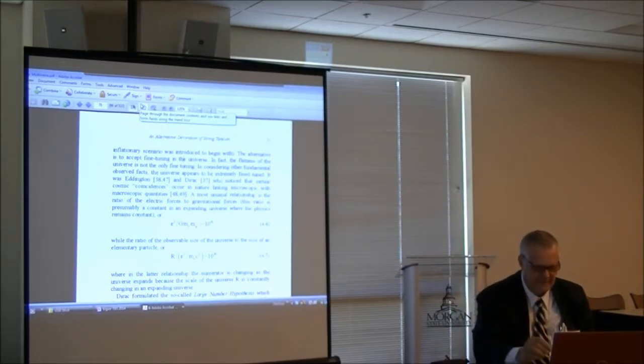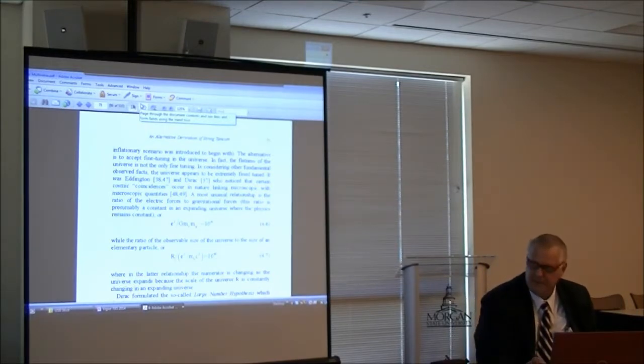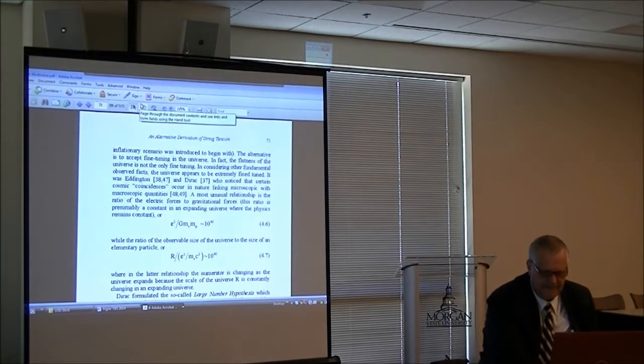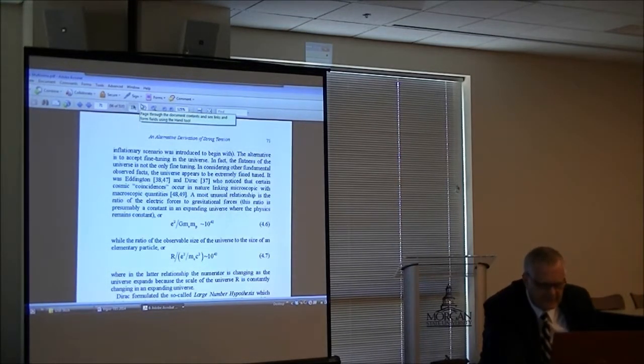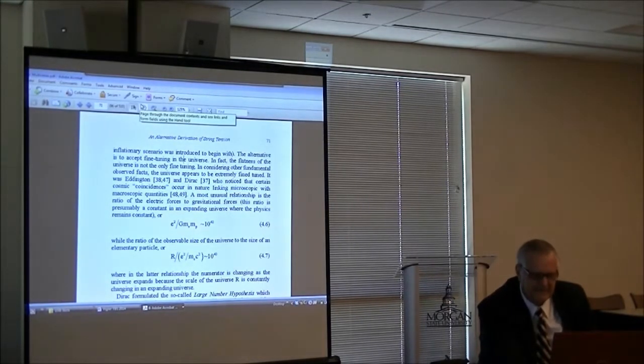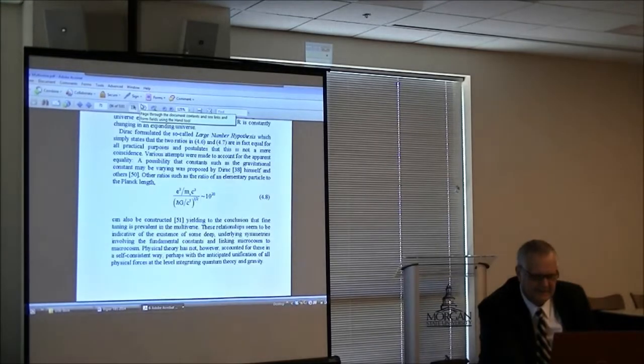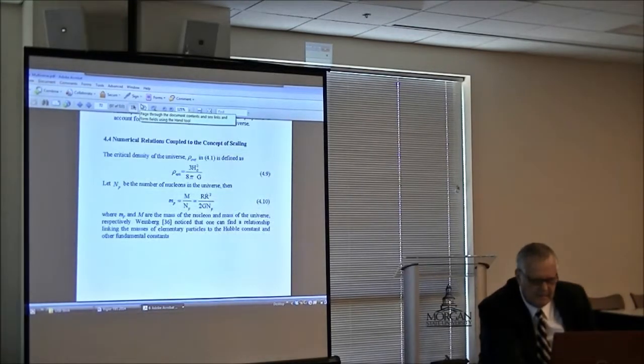This is also on your thumb drive, so you can peruse it later. This one, the ratio of the observable size of the universe to the size of an elementary particle, has a relation of 10 to the 40, which is the ratio of the strong to the gravitational force. Exactly, thank you, Elizabeth.